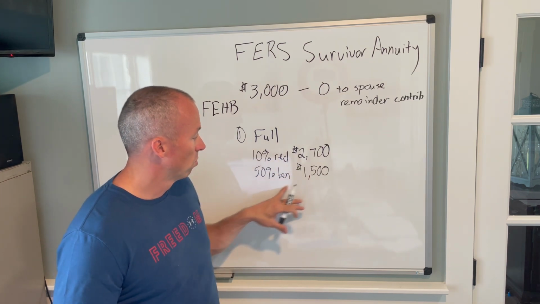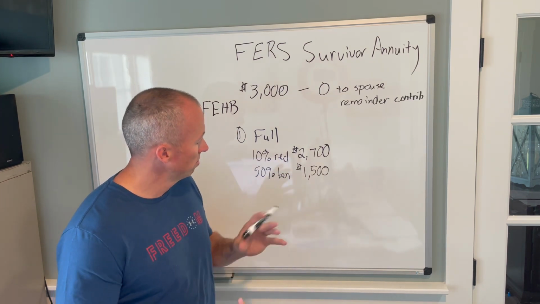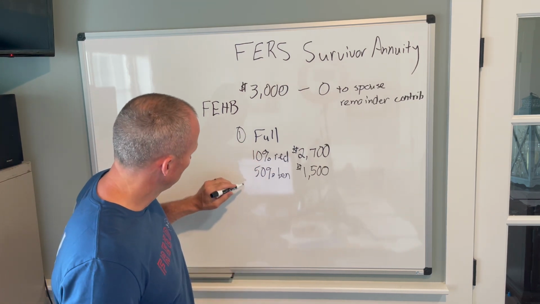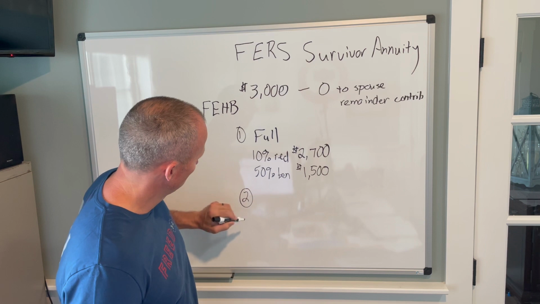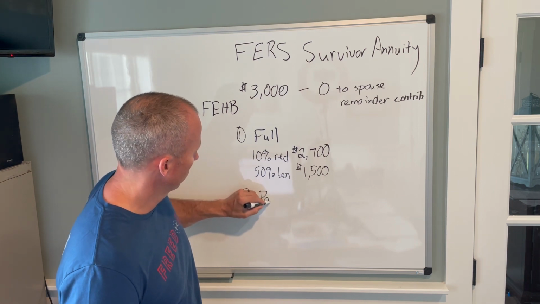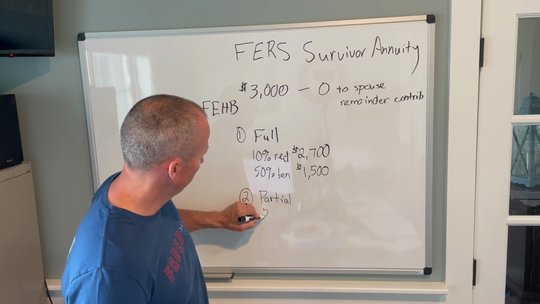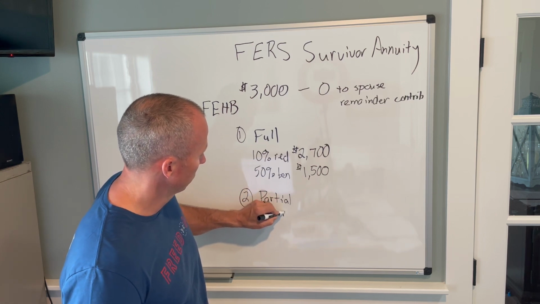Now, let's just go to the second option, okay? So that is the full option. Option 2 is partial, and that is a 5% reduction.